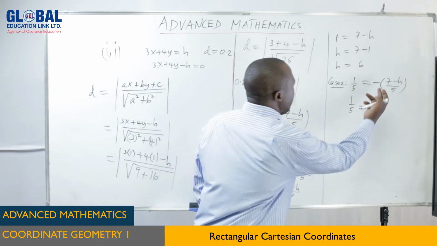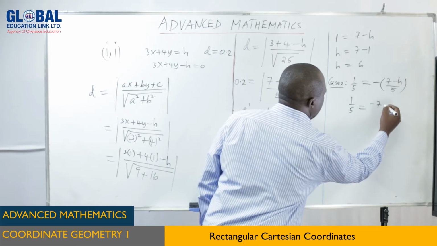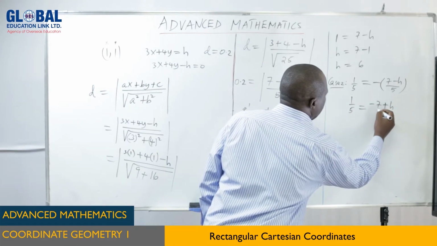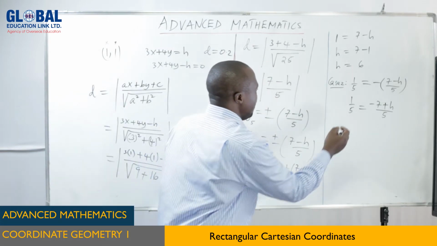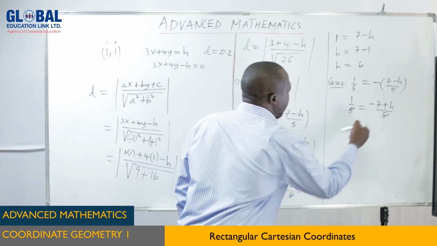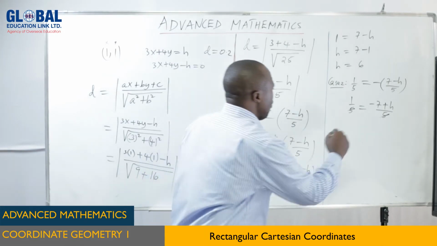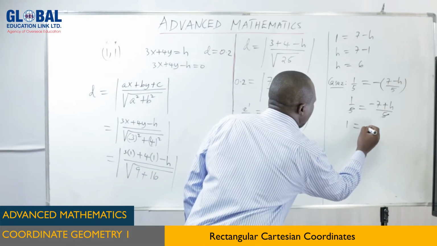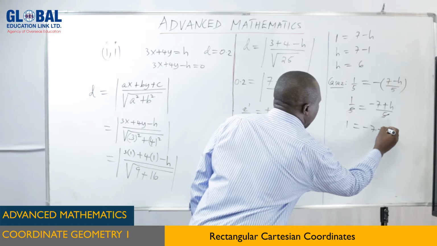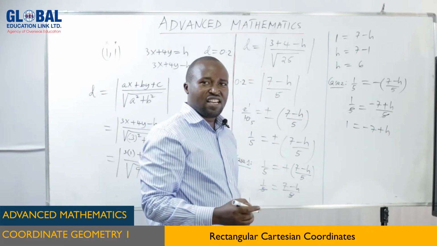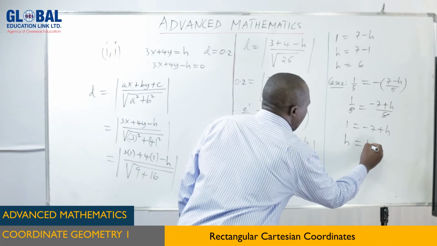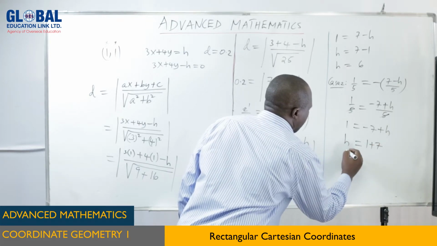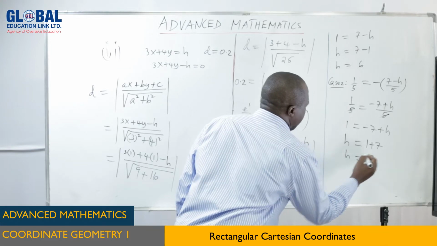But again, we have negative times negative h, that is positive h over 5. So again, my dear student, here we can simplify 5. So we are going to have 1 is equal to negative 7 plus h. So again, the possible value of h will be equal to 1 plus 7. So h is equal to 8.